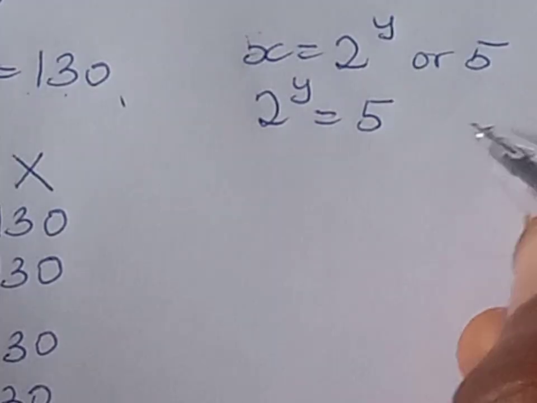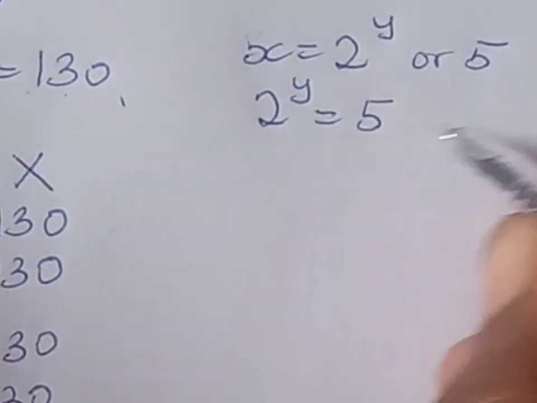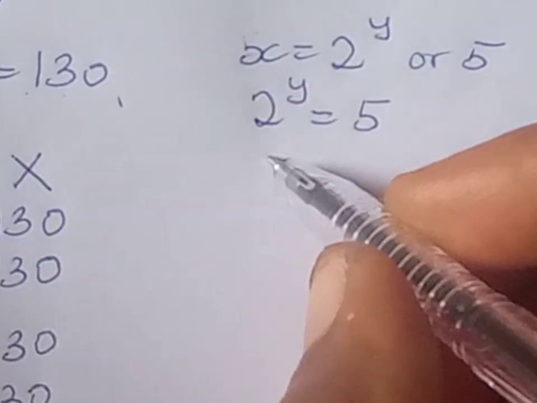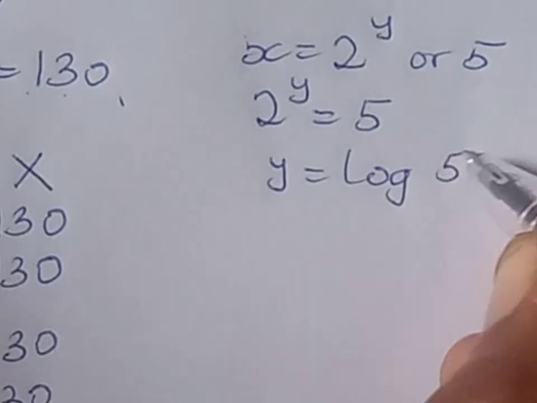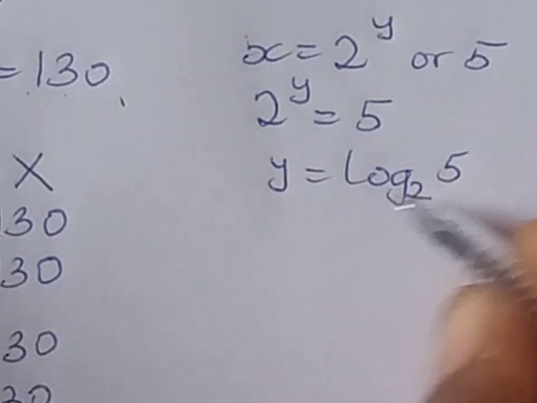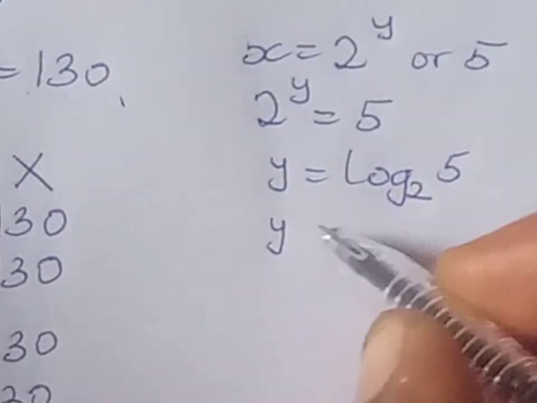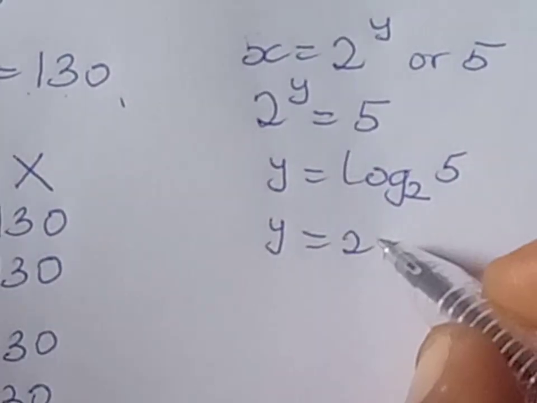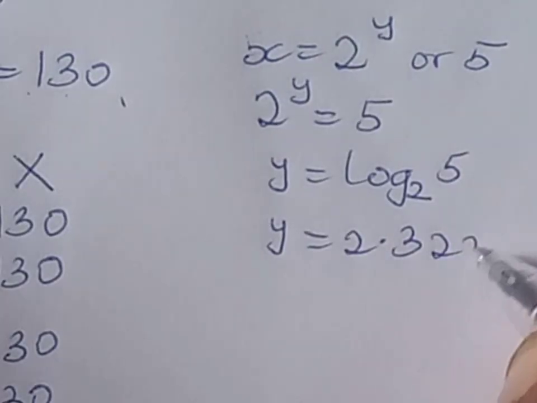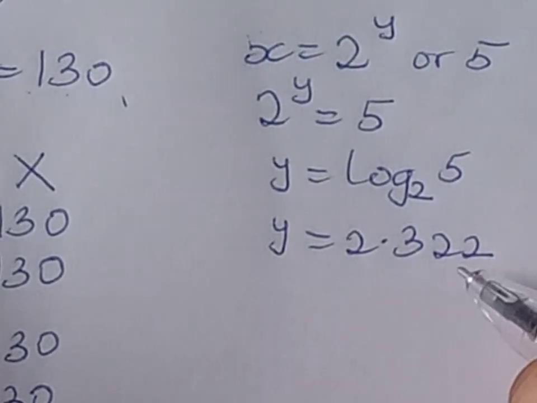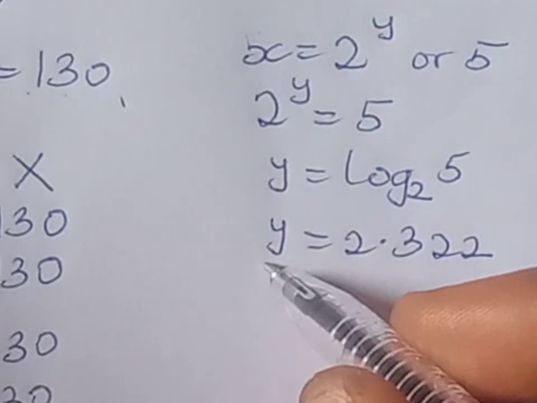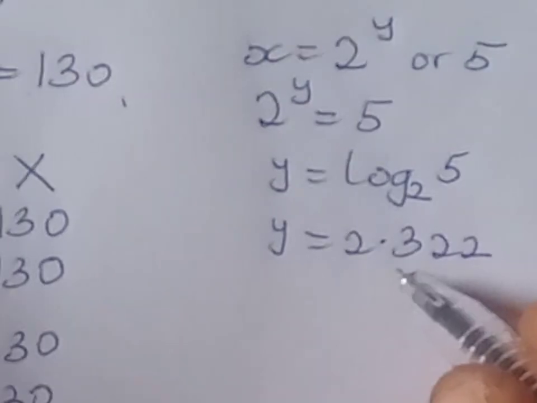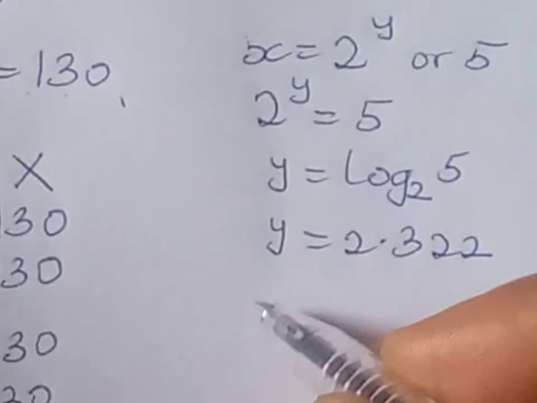To find y, let's take the logarithm. So y equals log 5 base 2. Using our calculator, y equals 2.322. The next thing, let's verify if our y is actually 2.322.